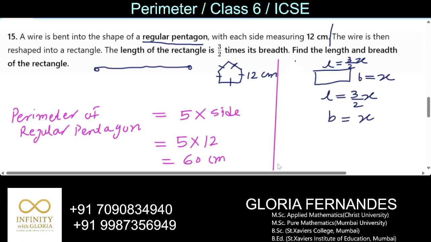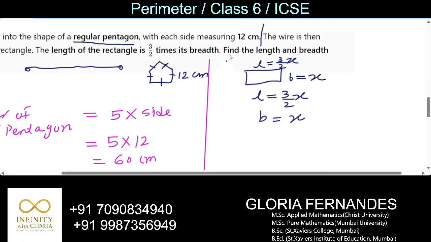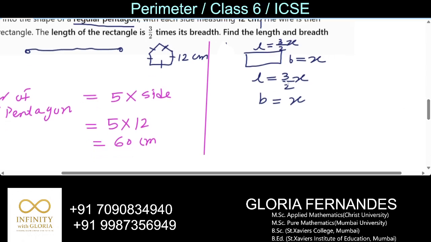All right. Now this wire only, we are going to reshape it to form a rectangle. Now what are the dimensions of the rectangle they have given? We have written it as 3 by 2x, and breadth is x. And we know the same wire is going to form a rectangle, right? That means whatever the perimeter of a pentagon is going to be equal to perimeter of a rectangle.